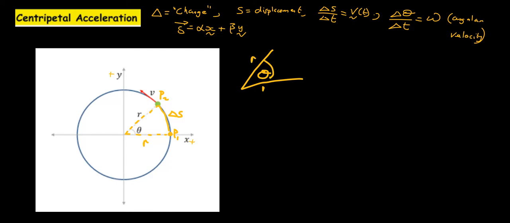So we've got radius, radius, and then we've got change in displacement. As we've already established, there is a velocity 1 here and a velocity 2 here, which is tangential to the radius.